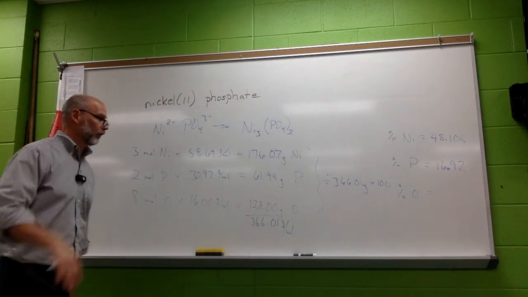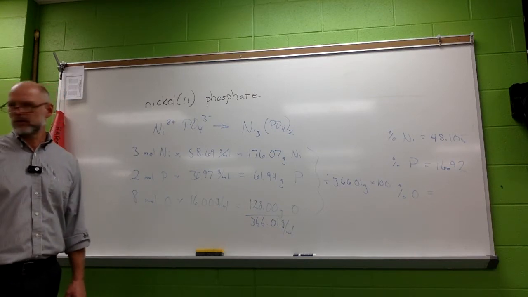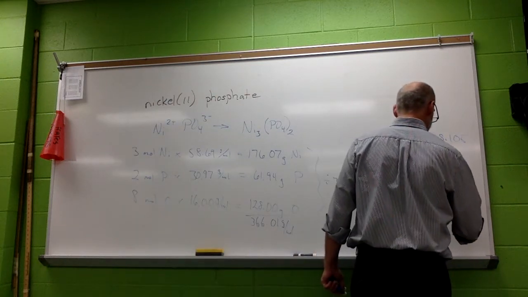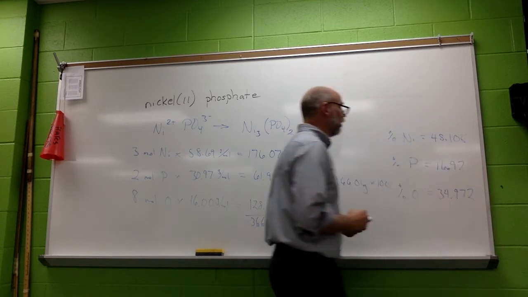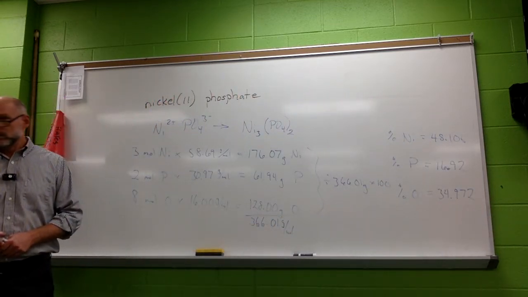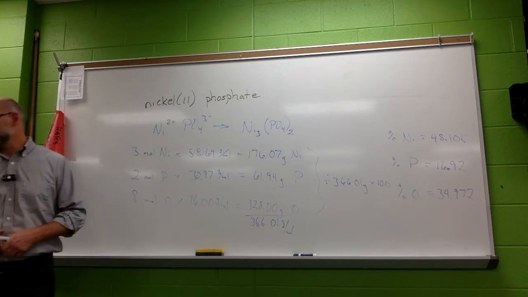And the oxygen, well, there's a couple different things we can do there, but right around a third, so 33 something. 34 point what? 972. Does anyone concur? Very good. That's easy, isn't it?